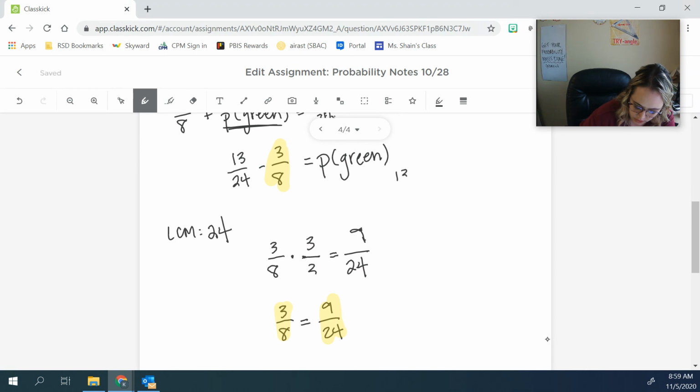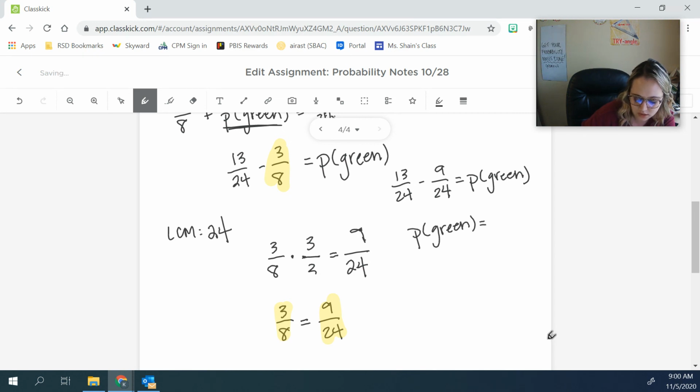So 13 over 24 minus 9 over 24 equals the probability of green. Therefore, the probability of green has to equal what? Okay, so it has to equal 4 out of 24.